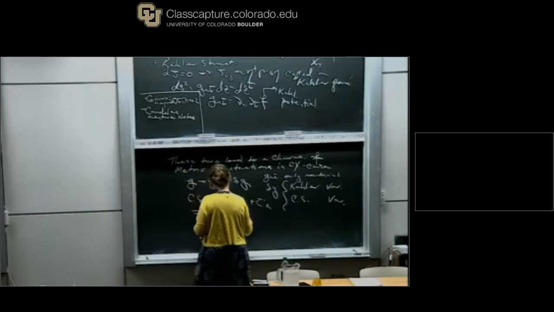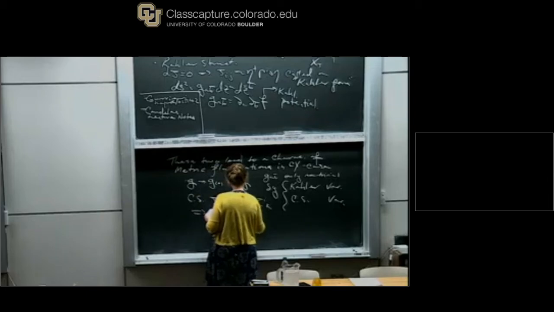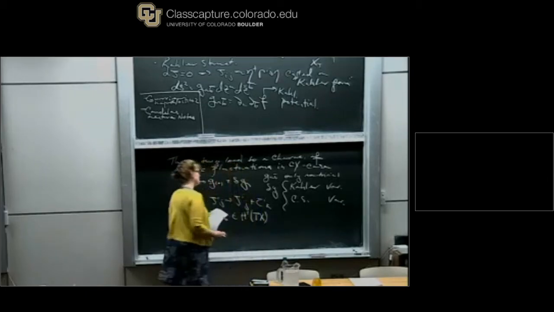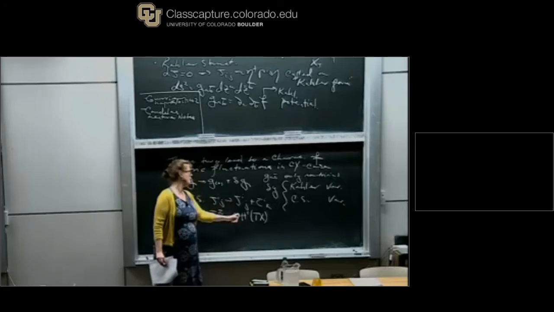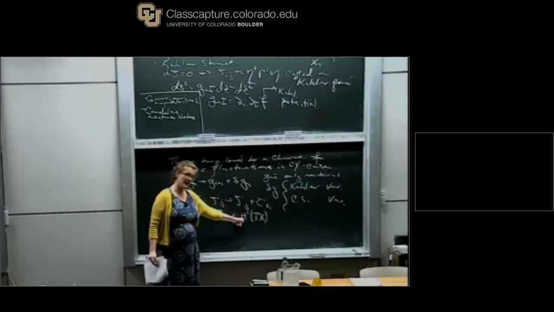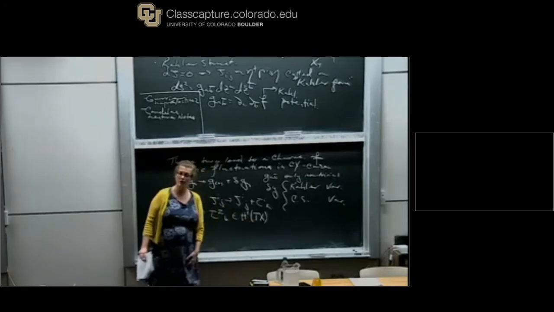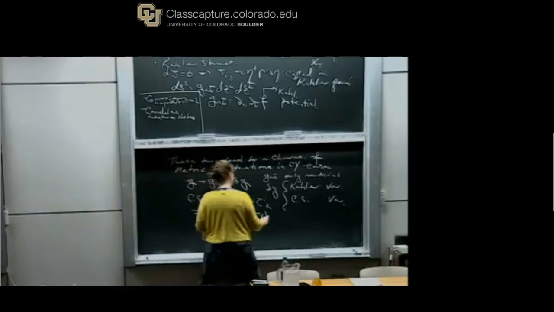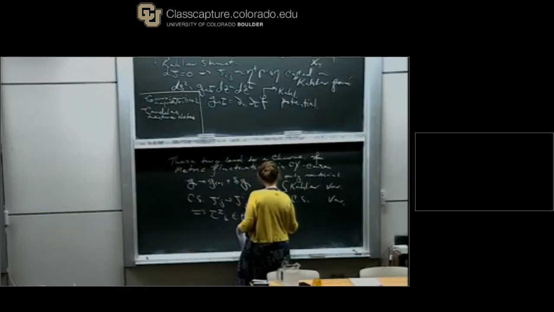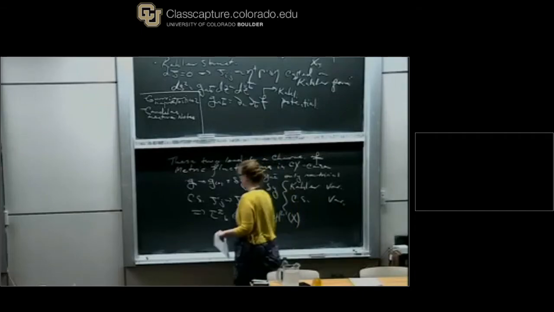These guys live as a form. It turns out they have to be closed. And this index structure tells you that this is an element of cohomology. Specifically, these are closed but not exact forms valued in the holomorphic tangent bundle of the manifold. And for Calabi-Yau's, this leads you to the so-called Hodge numbers of the manifold, which I imagine everyone has seen before.